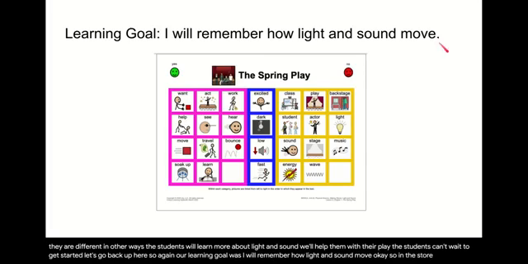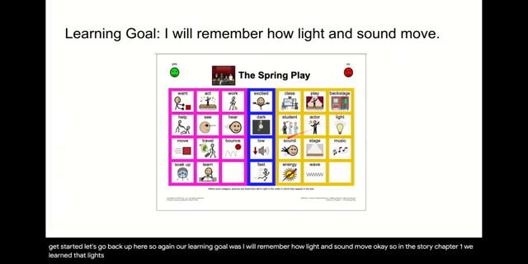Okay, so in the story, chapter 1, we learned that lights and sound move in waves. Lights and sound move energy, okay?